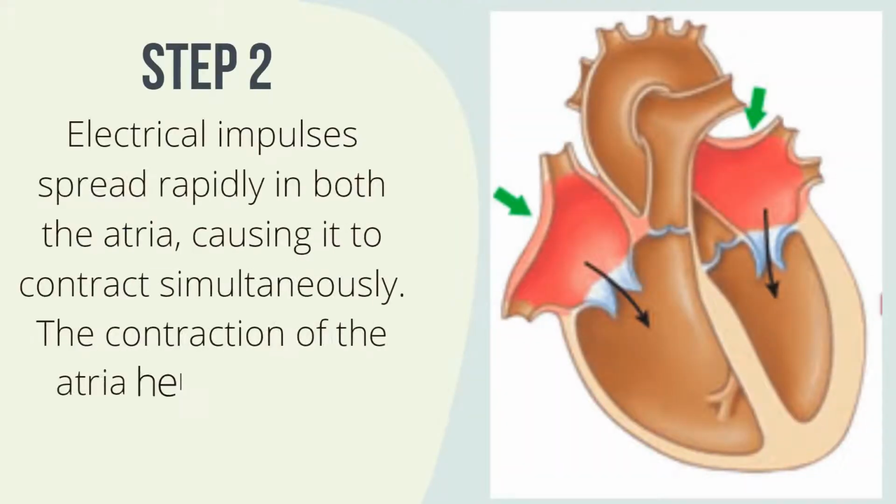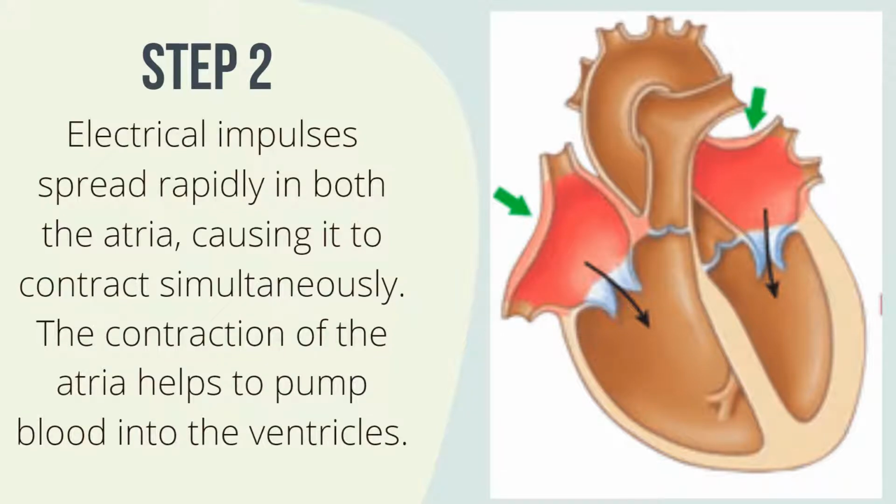Step 2: electrical impulses spread rapidly in both the atria, which are the red spaces here, causing the atria to contract. Please follow the green line. The contraction helps the atria to pump blood into the ventricles, as you can see in the black arrows. So from the atria to the ventricles.